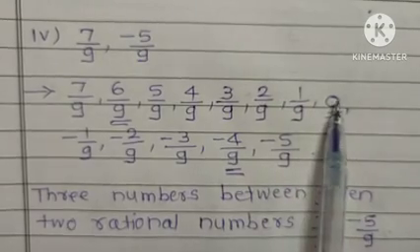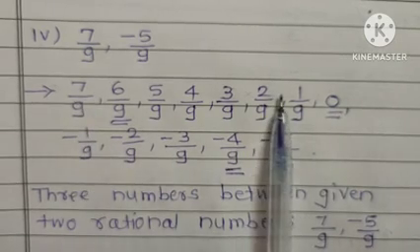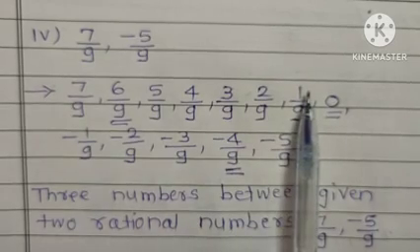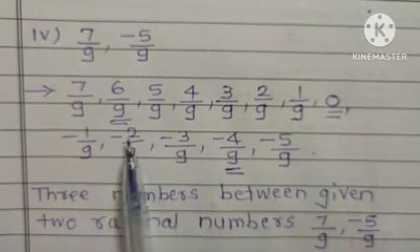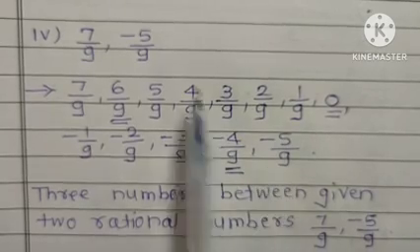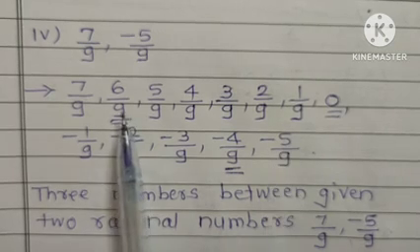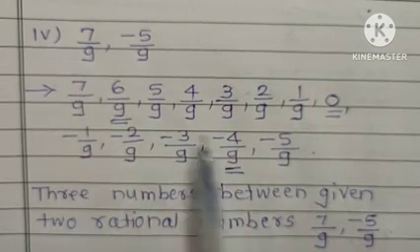After that 0. And again negative numbers. These are positive: 7, 6, 5, 4, 3, 2, 1. Then 0. Now negative: minus 1, minus 2, minus 3, minus 4, minus 5. So you stop here. In this way, there are so many numbers between these two numbers.